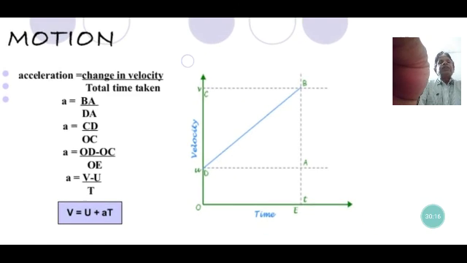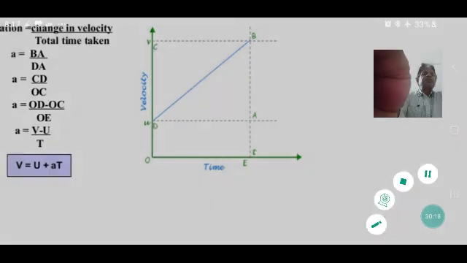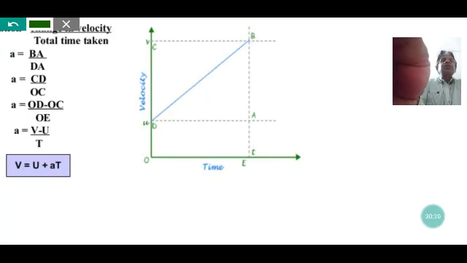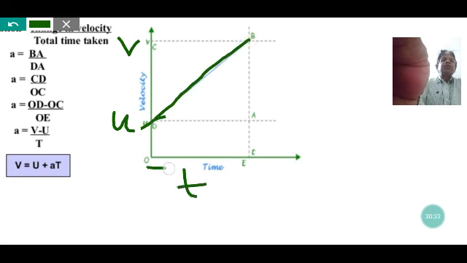Now, by the velocity time graph, look here. The object is moving from the initial velocity u, here it is u, and it is v here, with the time interval t. Now, what is the change in velocity in the time interval?